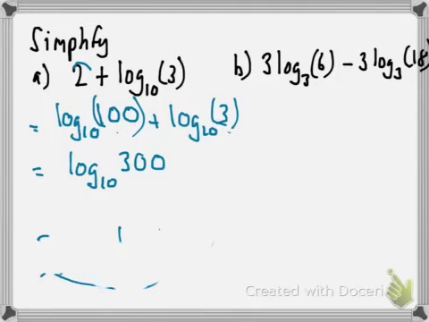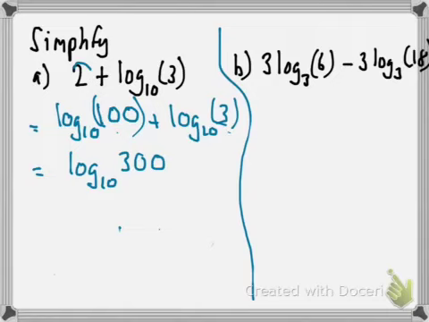Next one. Now there's a couple of ways of going about this. Next one's a bit tricky. What I'm going to do here is take out a common factor. I'm going to take out 3, because you can see there's a 3 there and a 3 there.